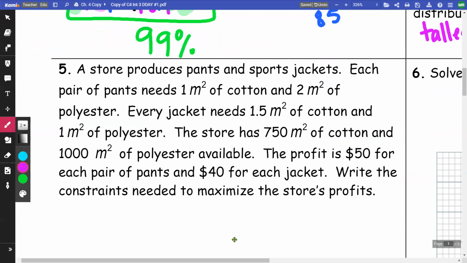Each pair of pants needs 1 square meter of cotton and 2 square meters of polyester. Okay, so let me just, I've got cotton here. Every jacket needs 1.5 square meters of cotton and 1.5 square meters of polyester, and the store has 750 square meters of cotton.